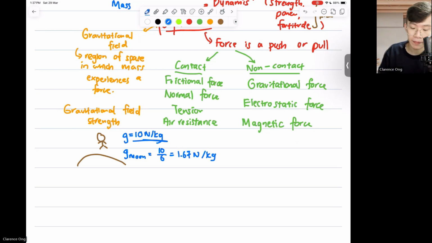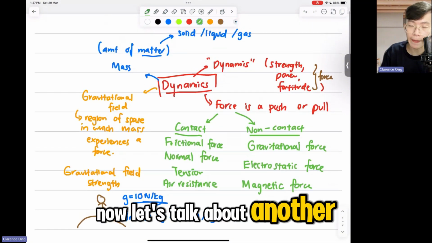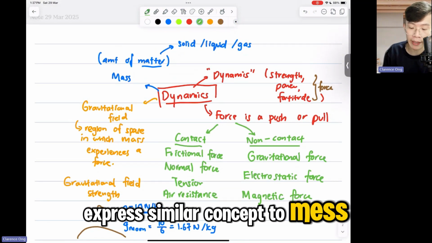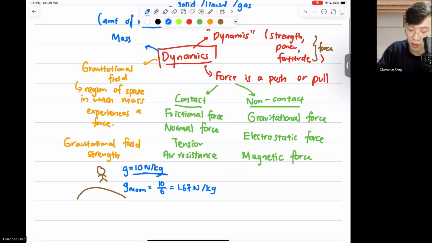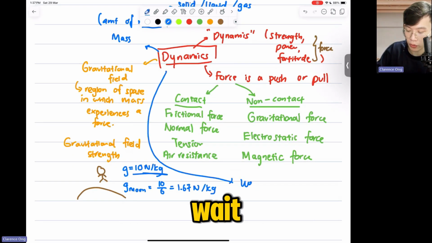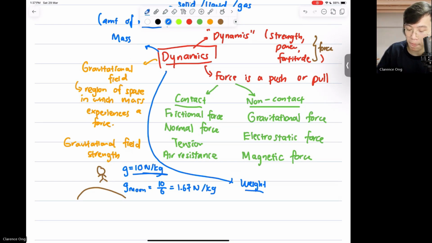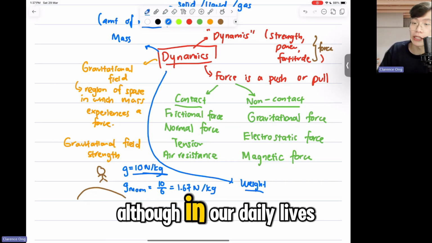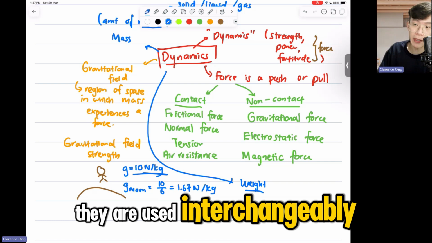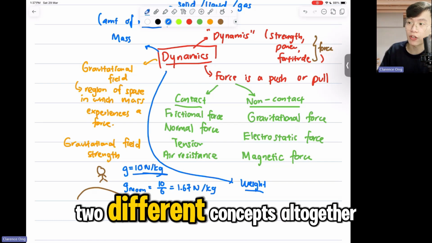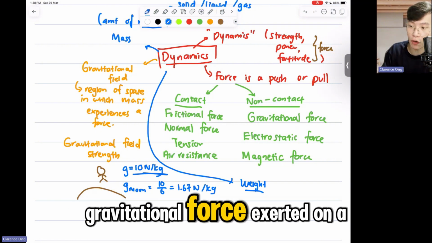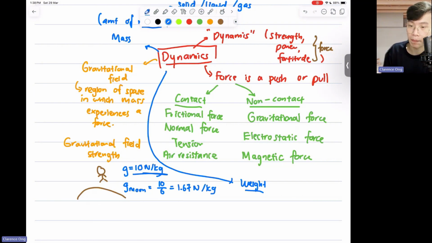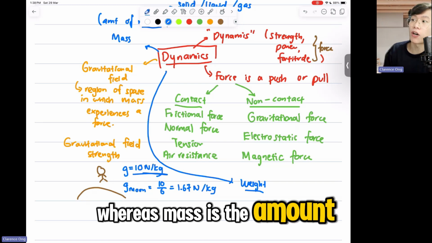Now, let's talk about another very similar concept to mass, which is your weight. I'm going to write it here. Weight. Weight and mass, although in our daily lives they are used interchangeably, are in fact two different concepts altogether. Weight is the amount of gravitational force exerted on a body, whereas mass is the amount of matter.